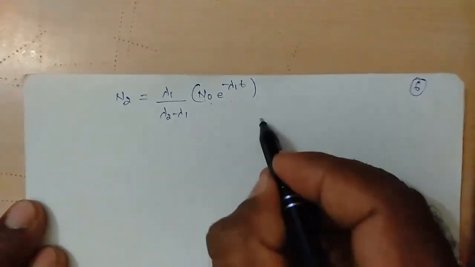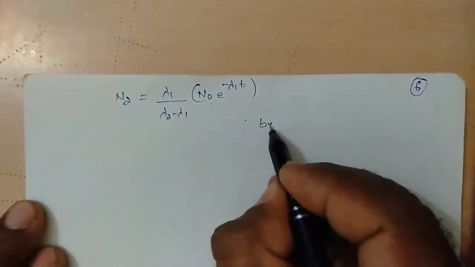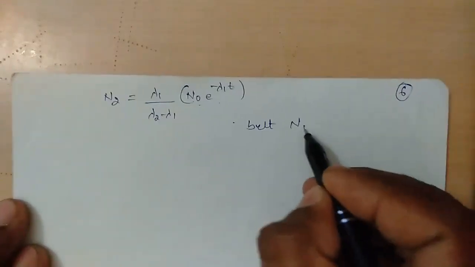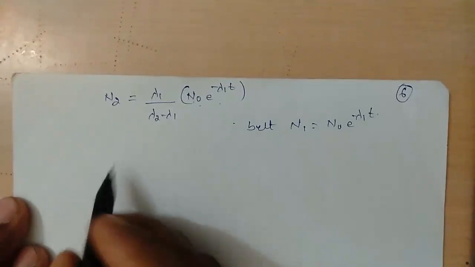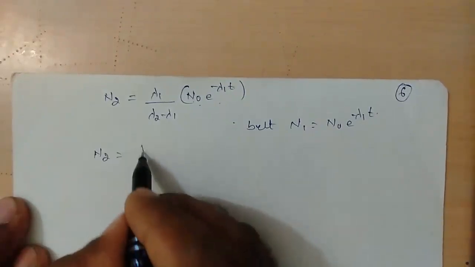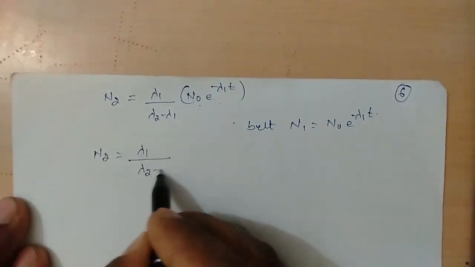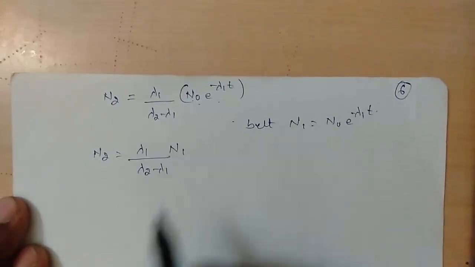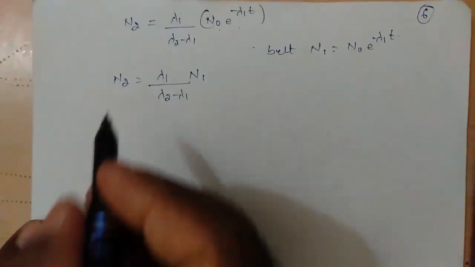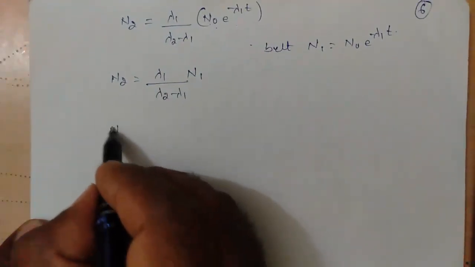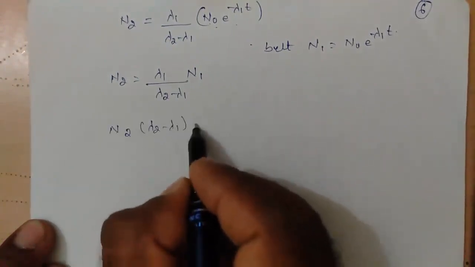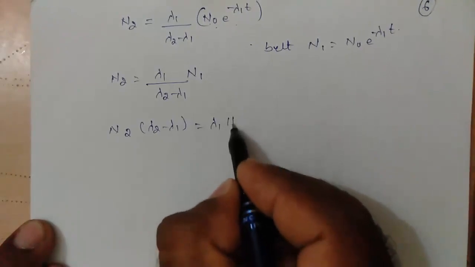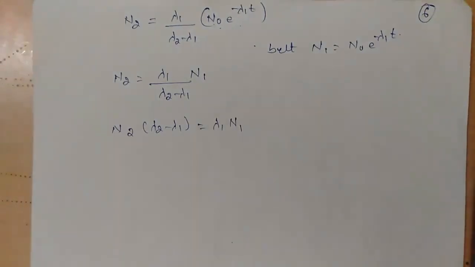Okay, so this can be written with n1, because n1 is equal to n naught e to the power of minus lambda 1 into t, and n2 is equal to lambda 1 divided by lambda 2 minus lambda 1 into n1. Or we can write n2 into lambda 2 minus lambda 1 is equal to lambda 1 into n1.